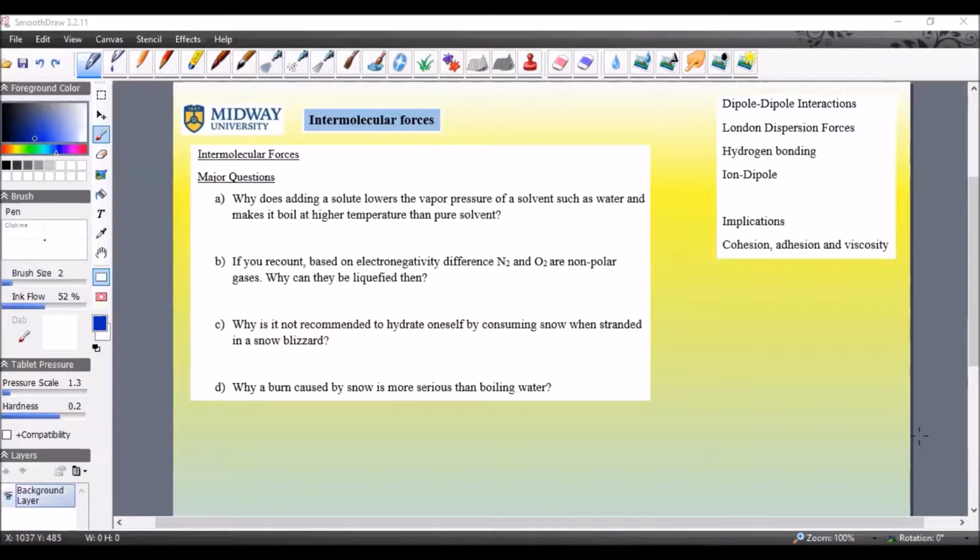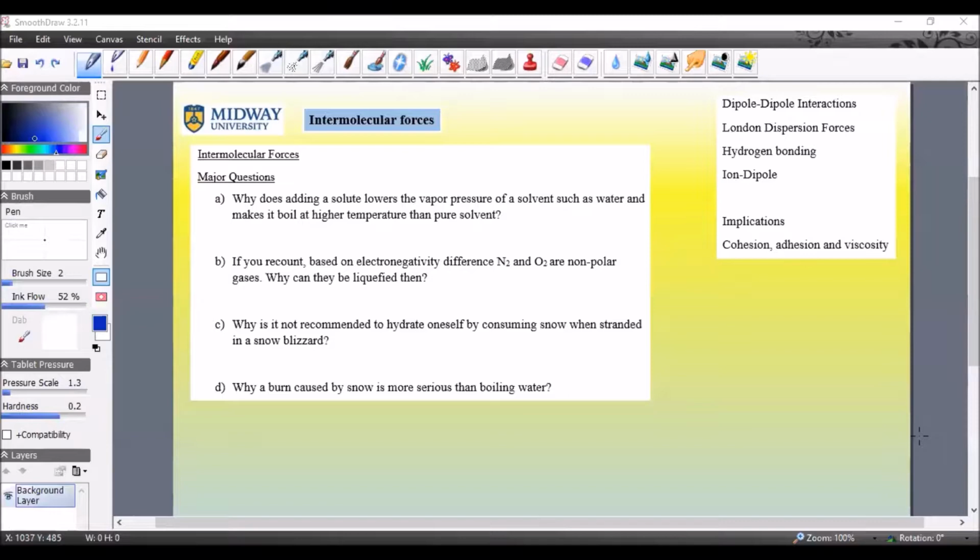If you recall from Chem 170, based on electronegativity difference, nitrogen and oxygen are nonpolar. You don't believe me? Go pick up your electronegativity table and solve the math. You would see that they have a difference of 0. This implies they are nonpolar, right? If they're nonpolar, why can't they be liquefied then?